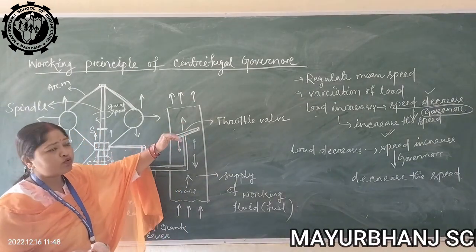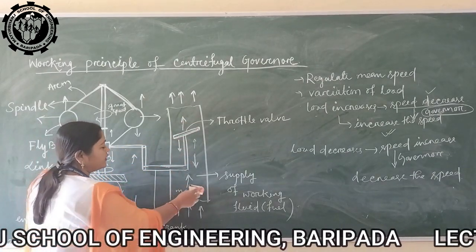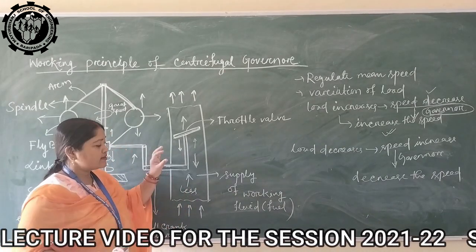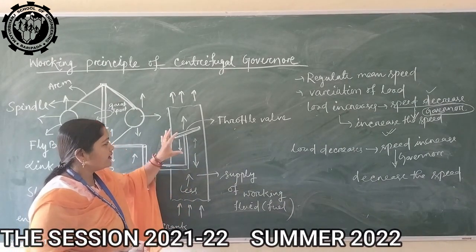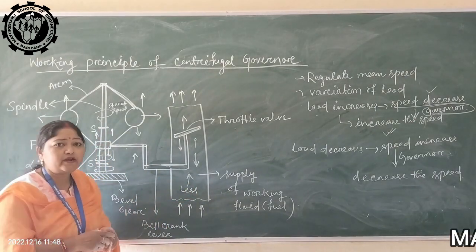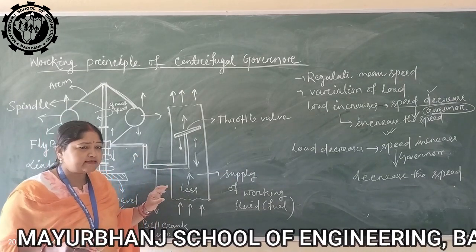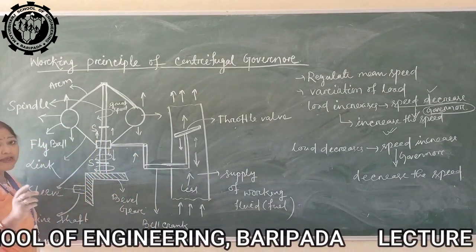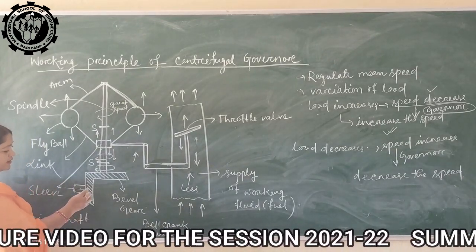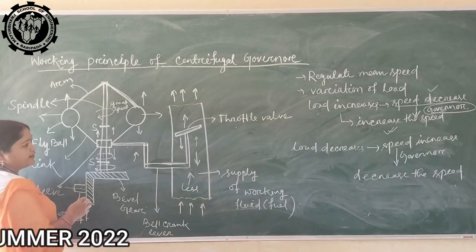When the throttle valve moves up, the supply of working fluid will decrease. Less working fluid is supplied to the engine, so the speed of the engine will decrease.